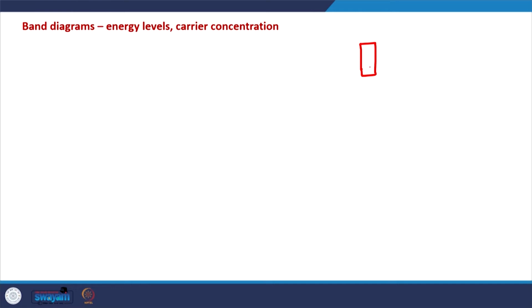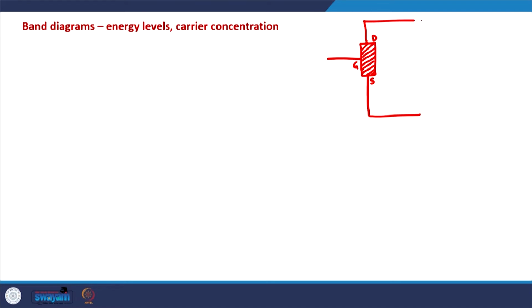So let's say that we have a black box. This black box is our MOSFET device. These are its terminals: this is the source terminal, this is the drain terminal, and this is the gate terminal.